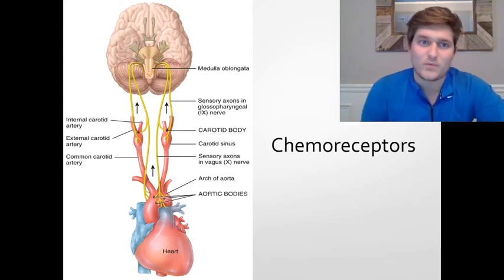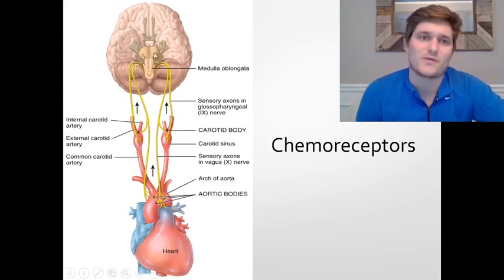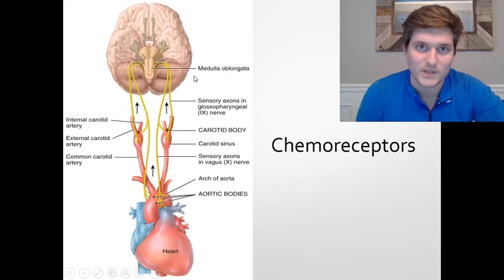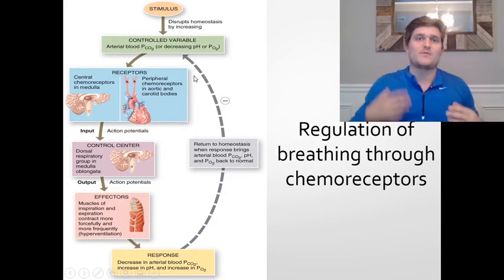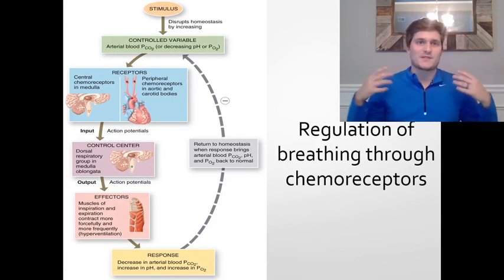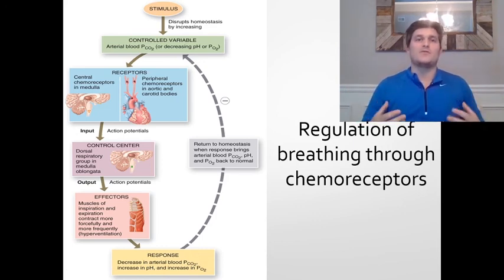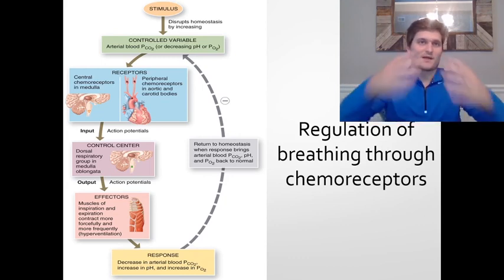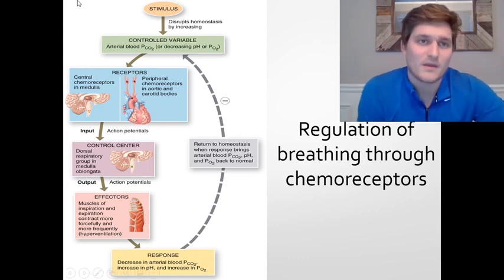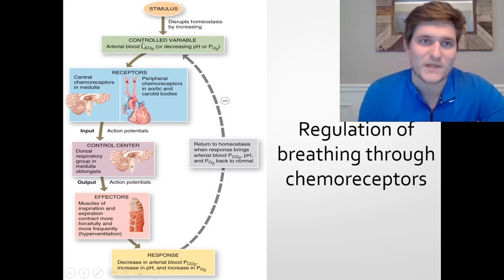When we get an increase in CO2 within the blood, there is a drive to say, hey, let's get rid of this excess CO2. In order to do that, we need to increase ventilation. So this is a negative feedback loop. We see an increase in blood CO2.